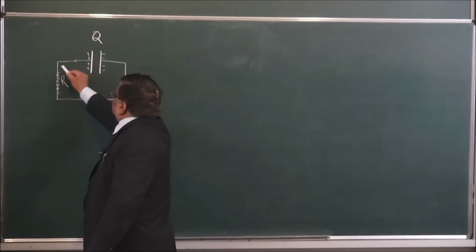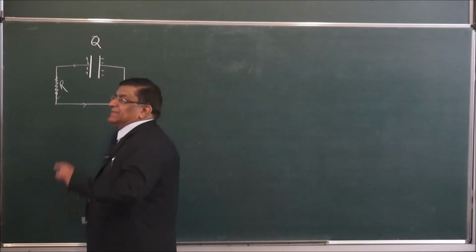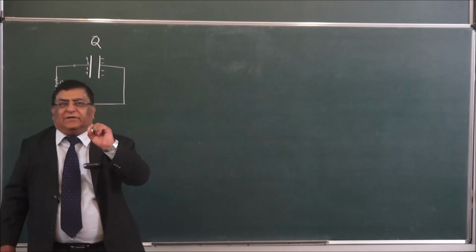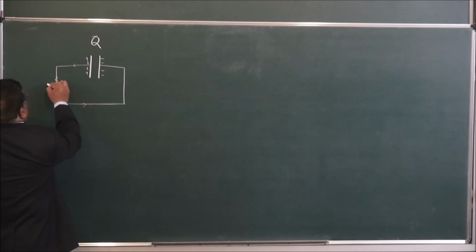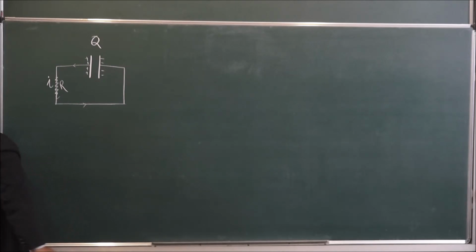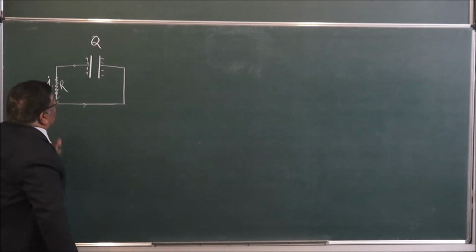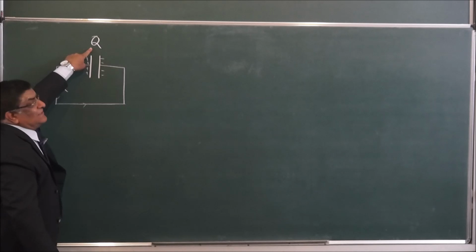So because these charges are going here, there is an instantaneous current for a very small time, and let this current at any instant be I. Now the charge is flowing through this. The charge which is flowing here will decrease it.